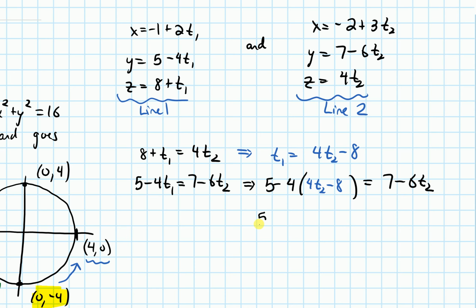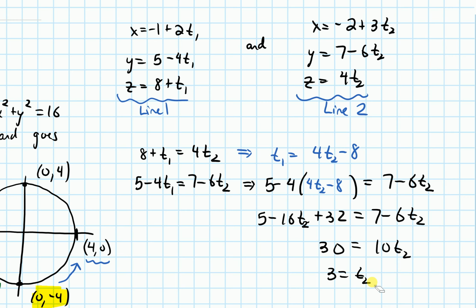So we get 5 minus 16t2 plus 32 equals 7 minus 6t2. Let's move all the numbers to the left and all the variables to the right. If I add 16t2 to the right, we get 10t2. And if I move all the numbers to the left, we get 30. And dividing, we get 3 equals t2.